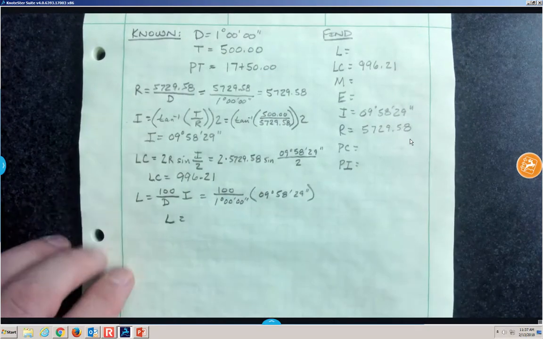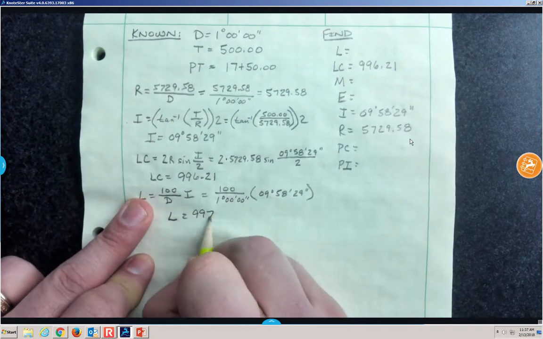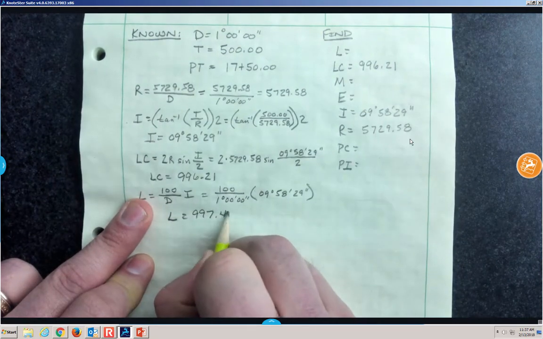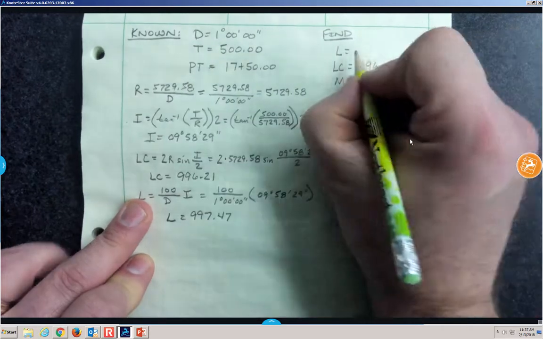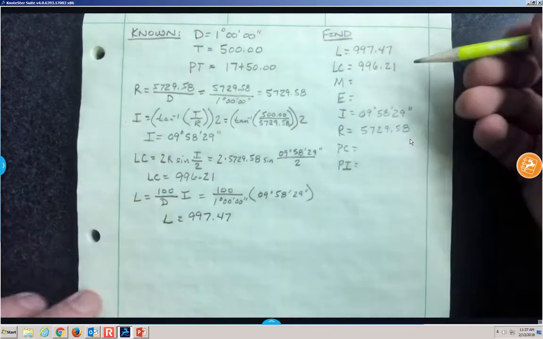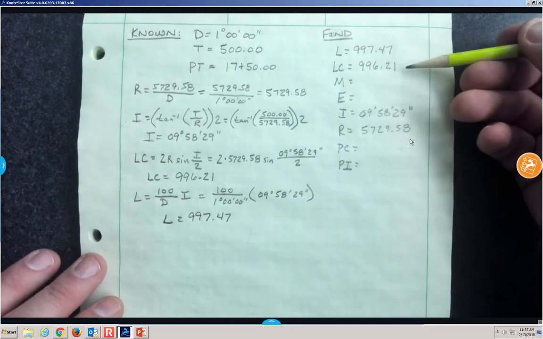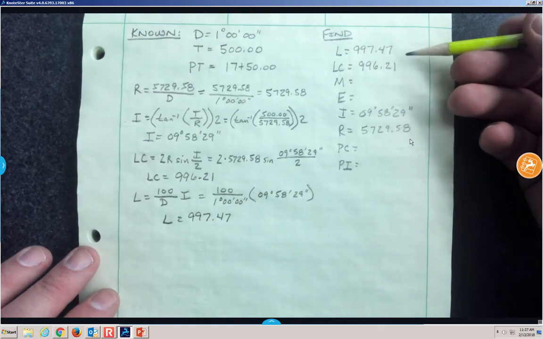So what does L equal? 997.47. If we do our check again here, L is a larger number than LC. So there's our check that we most likely computed it the correct way.